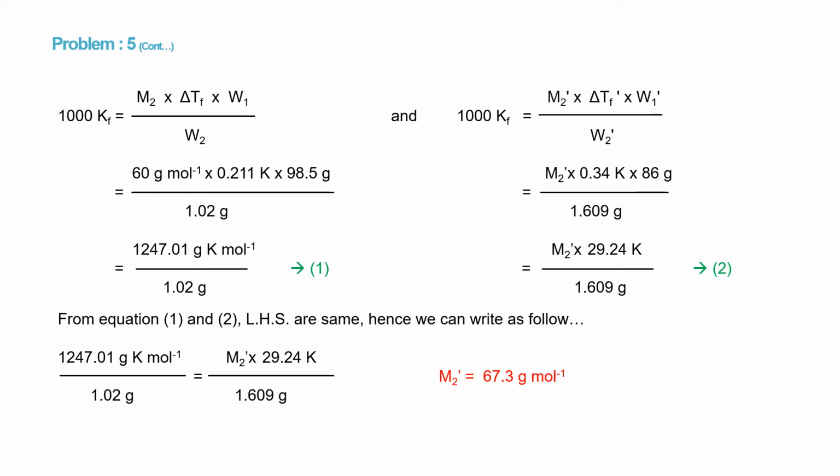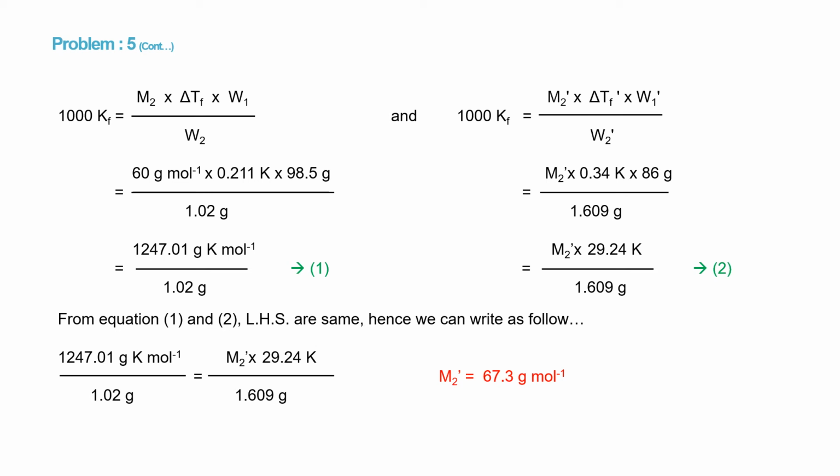Your first equation is for urea and the second equation is for the unknown solute. Now you have to compare your first equation with the second because your solvent is the same. So rearranging, 1247.01 gram Kelvin per mole upon 1.02 gram is equal to M2 dash into 29.24 Kelvin upon 1.609 gram.